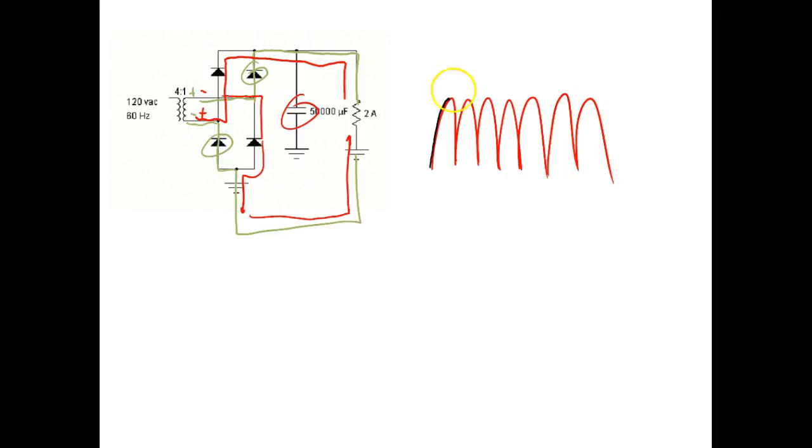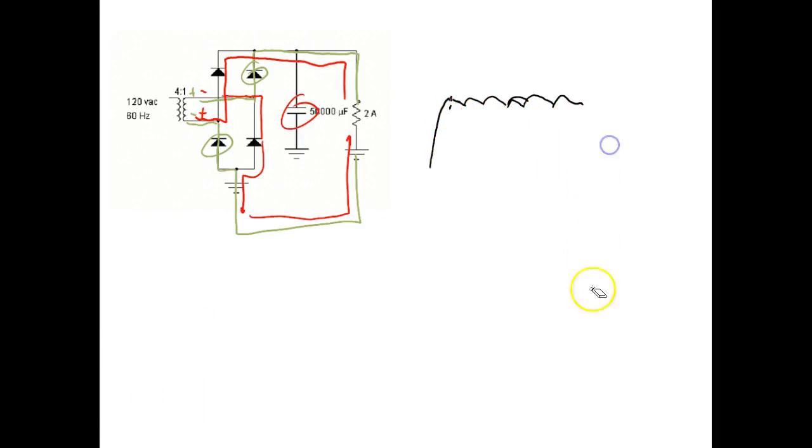Okay. And then as soon as it tops out, the diodes cut off because they would be reverse bias, and then the capacitor starts discharging. And then it's charging and discharging, charging and discharging, right? And then, of course, now what happens is we lose what? We lose all that. And we get DC.